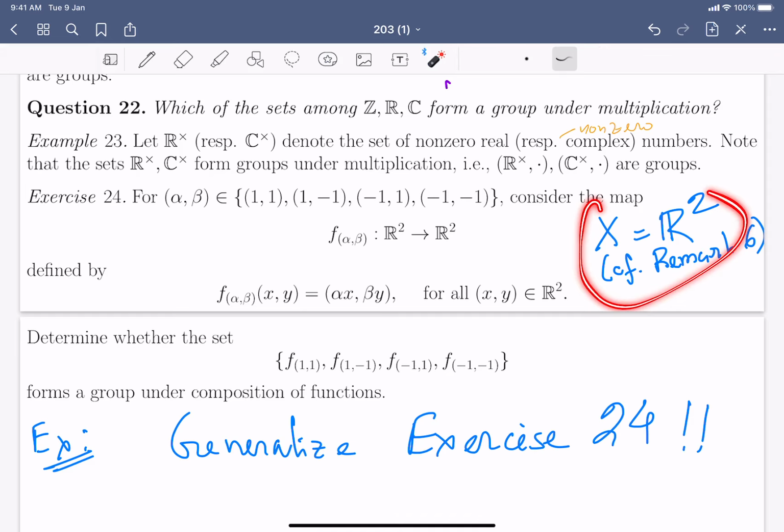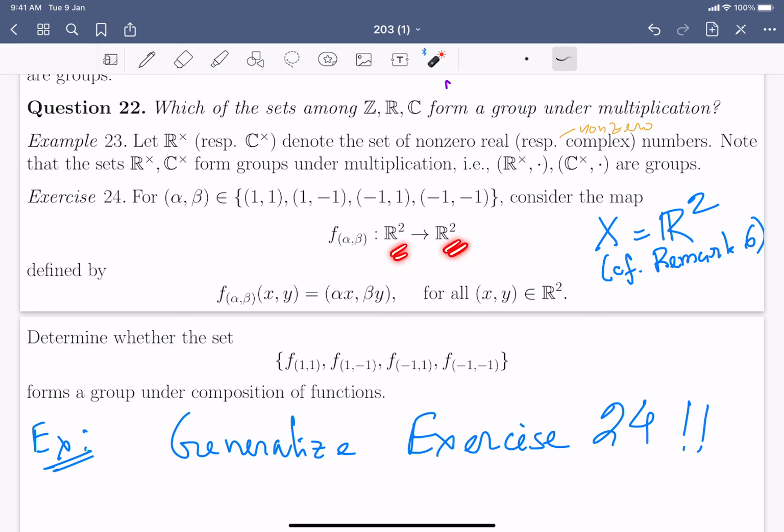You take X to be R2, so from R2 to R2 you define this map f alpha beta, where alpha beta is either 1 1 or 1 minus 1, etc. You look at this map f alpha beta from R2 to R2, which sends (x, y) to (alpha x, beta y). You just put these two signs in front of these two coordinates. You can check that this is a bijection.